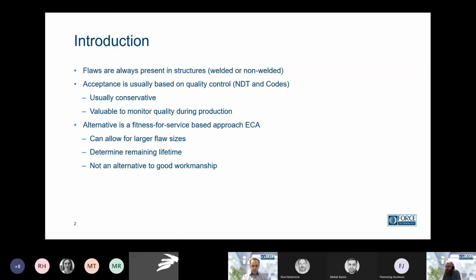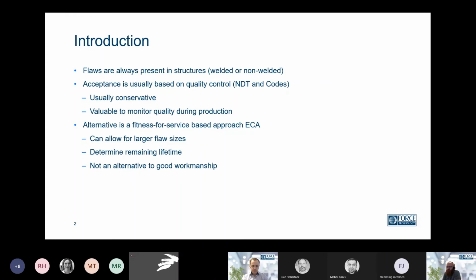That is the engineering critical assessment, which is a fitness for service based approach. This can allow for larger flaw sizes. You may be able to determine the remaining lifetime if you have fatigue loads, so you can estimate the crack growth during lifetime.